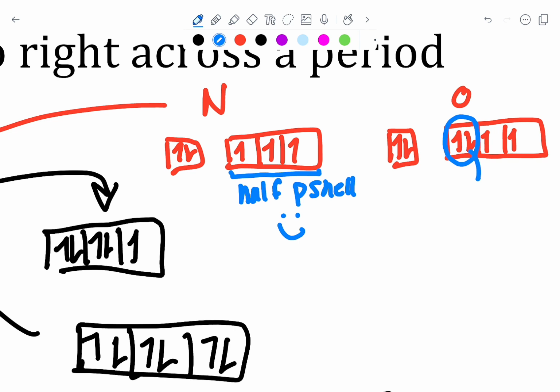So this electron is a lot easier to remove because it's paired up and the p orbitals would rather be half-filled or whole-filled. So that's what we talked about in our previous lesson with those exceptions to our rules of electron configurations. Our shells would rather be half-filled or whole-filled.